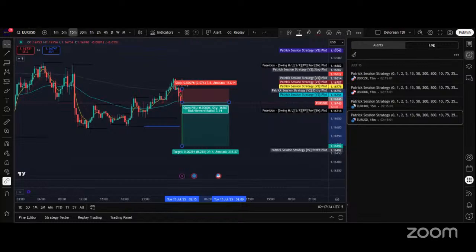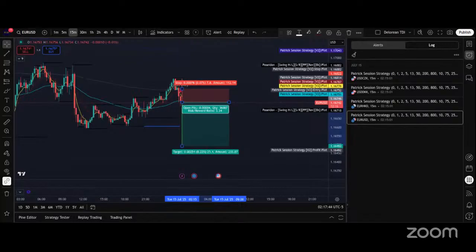Here's your next call of the night. It's the euro versus the United States dollar. 15-minute confirmation. Market execution sell. Entry price is 1.16746. Stop loss is 1.16822 for 8 pips.